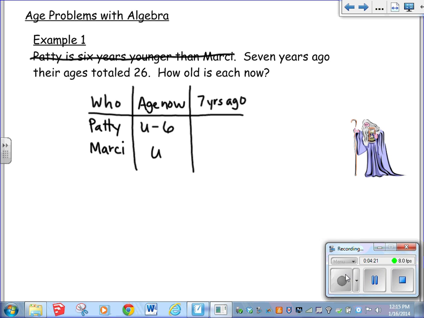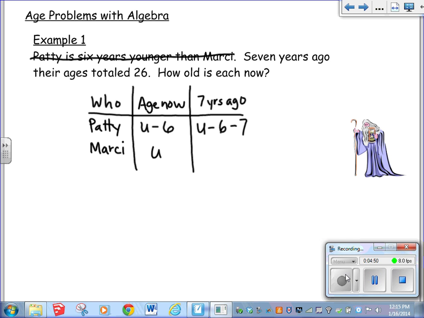How old were you 7 years ago, Aaron? 5. That's a long time ago, huh? What did you do? I subtracted 5. You subtract actually 7, right? You took 7 years away. So 7 years ago, we have to take 7 away. So the expression for Patty would become U minus 6 minus 7.